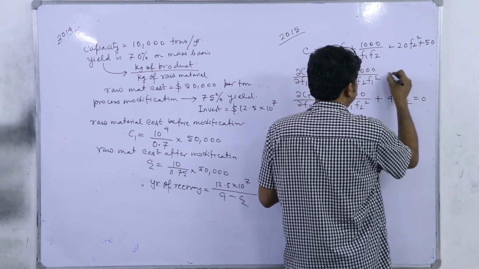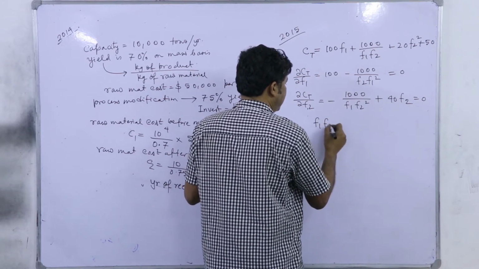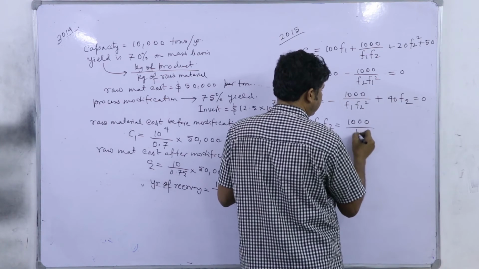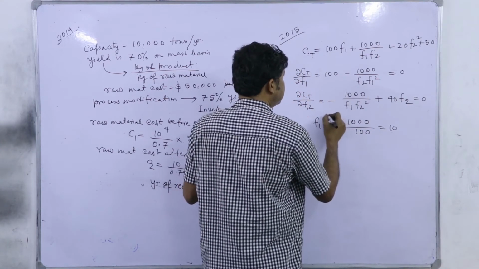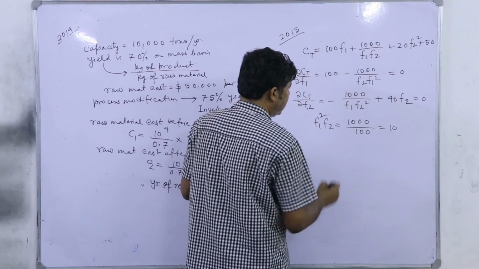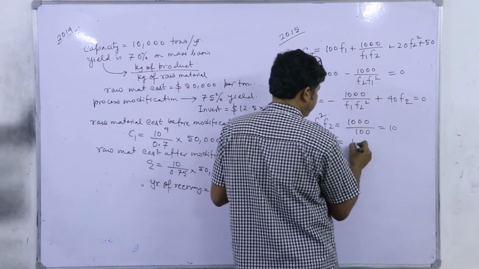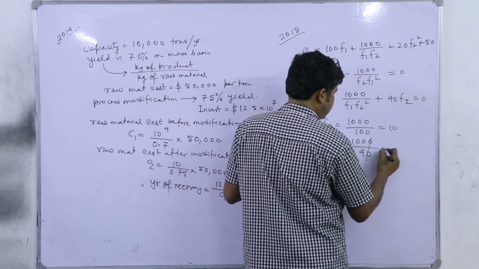Then that's equal to 0. So F1 F2 square is 1000 divided by 100 is 10. F1 square F2, and in the second case F1 F2 square is 1000 divided by 40, so 25.